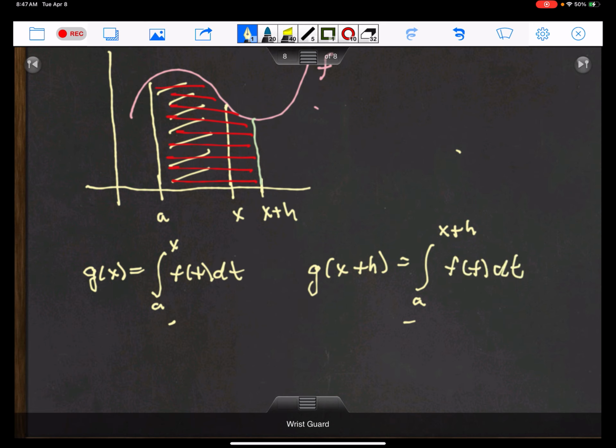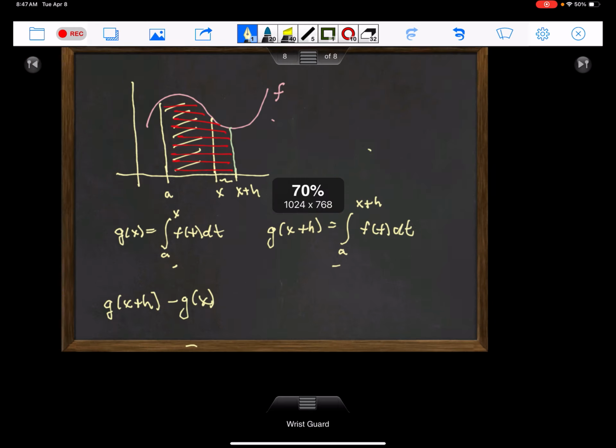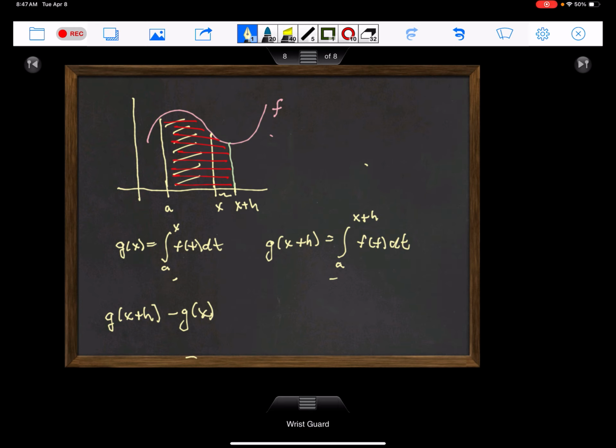And if I wanted the stuff in between here, that's going to be the difference of those two. So g of x plus h minus g of x is going to be this little red sliver right here, the area between x and x plus h.